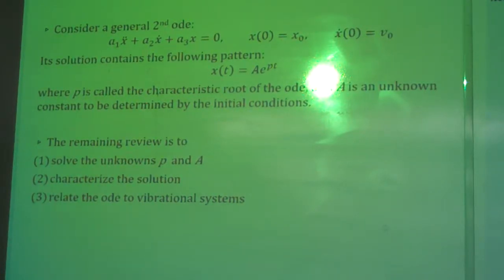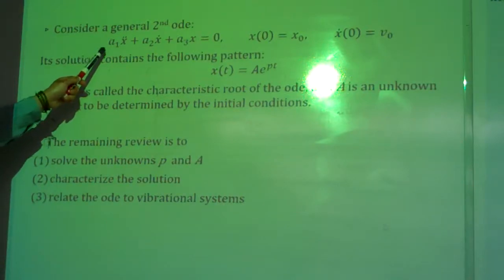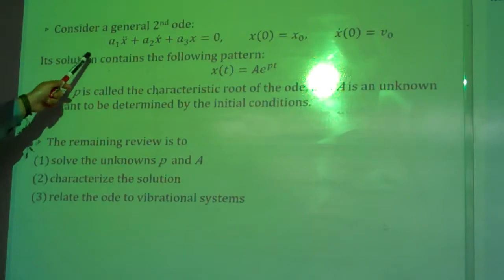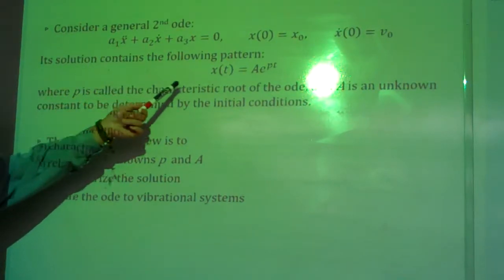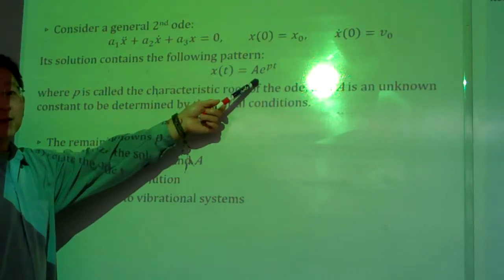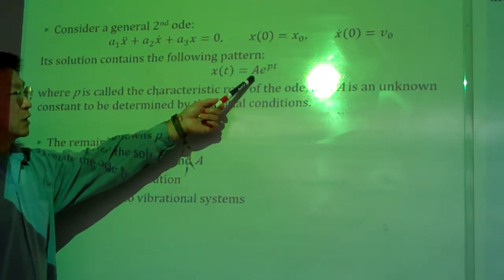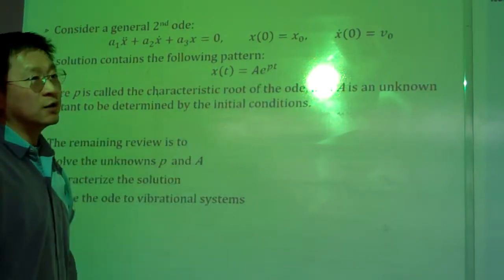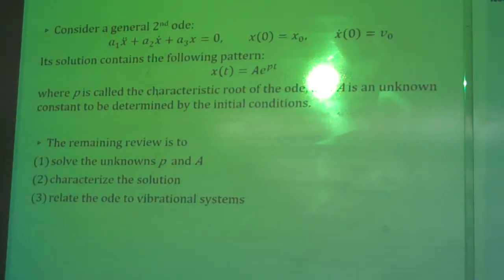The first step, usually for this kind of second order, or even higher order, linear differential equation, is that the solution takes this template. We assume the solution is in this form, where A is the amplitude and P is a parameter we can solve for.